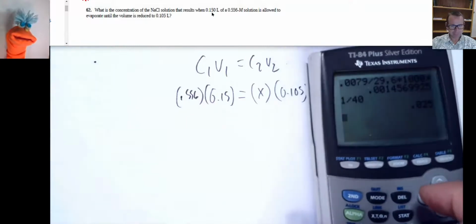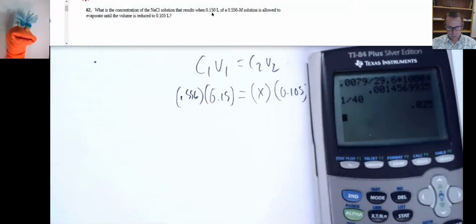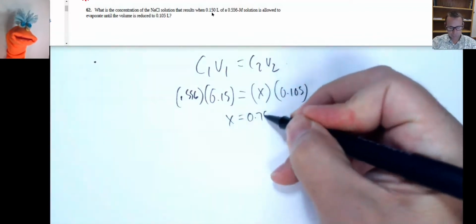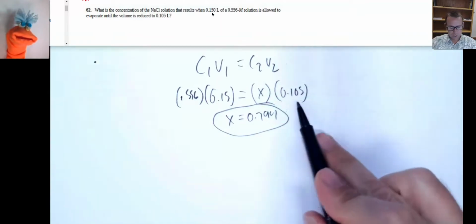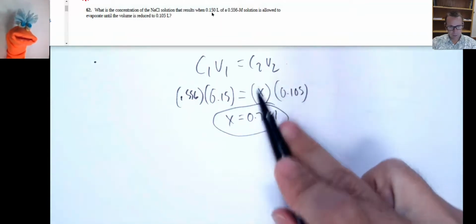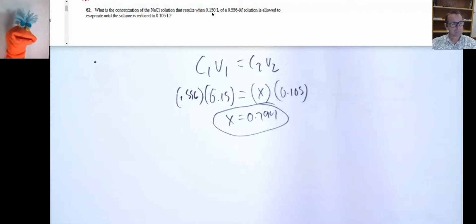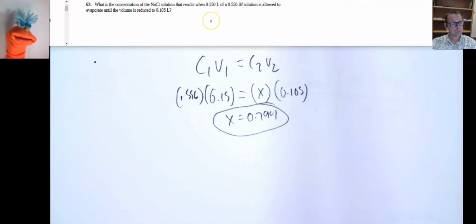That should do it for us. 0.556 times 0.15 divided by 0.105. So our new concentration is 0.794. So we lowered the volume down, and that had to increase the concentration to keep the ratio the same. Okay, good.